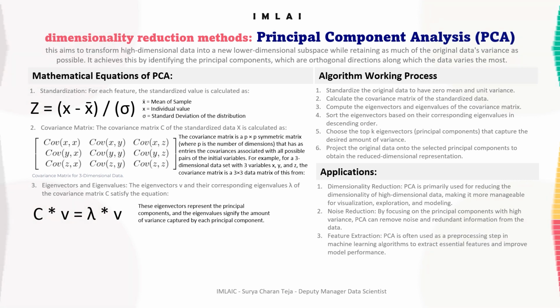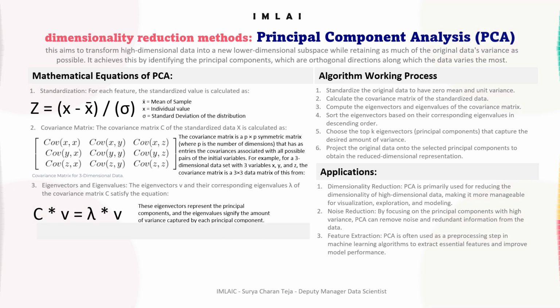As a data scientist, I highly use them in the following applications. One is dimensionality reduction and feature extraction. By and large, we will be doing this in feature engineering, and noise reduction sometimes too. Now let's take real life examples of what type of tasks it can handle.